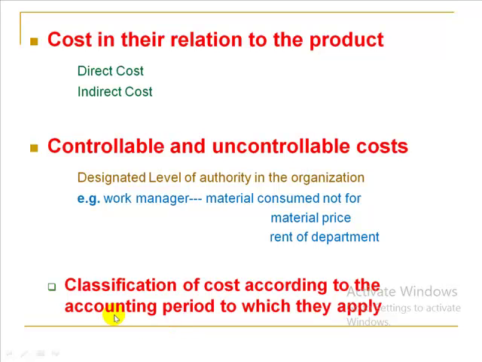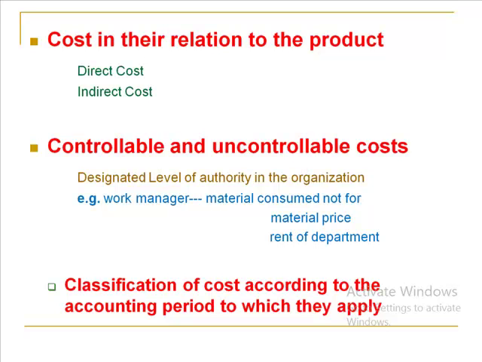So when we use the term accounting year, it means that we are calculating profit or loss for our organization for 12 months, that is, for 1 year. So this is the main difference between accounting period and accounting year. In accounting period, the time may be any period for which we calculate the profit or loss for our firm, whereas in accounting year, we calculate profit or loss specifically for 1 year.